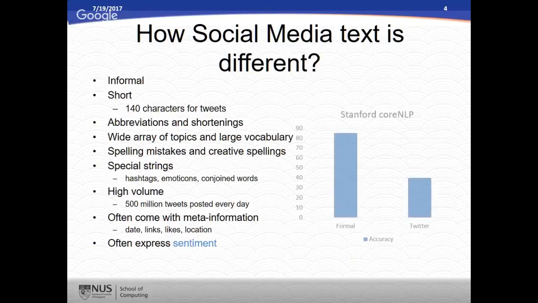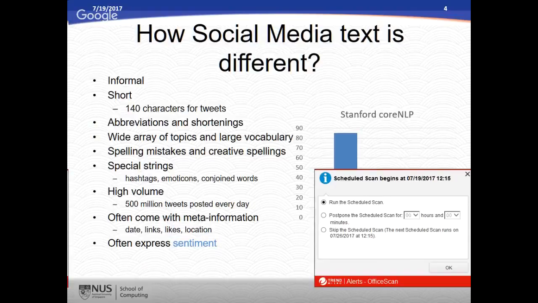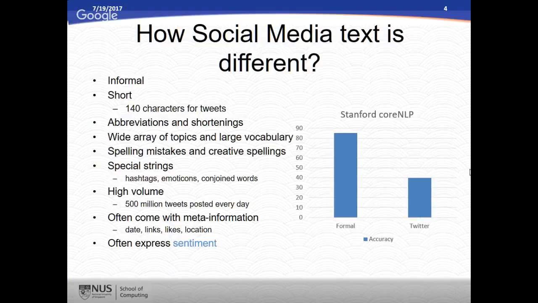Stanford CoreNLP is a package for doing sentiment analysis on formal text. The package that you can download from the website is trained on a formal corpora. Just to give you an example of how different it is: this model is trained on formal corpora, so on the formal domain the accuracy is near 86%.